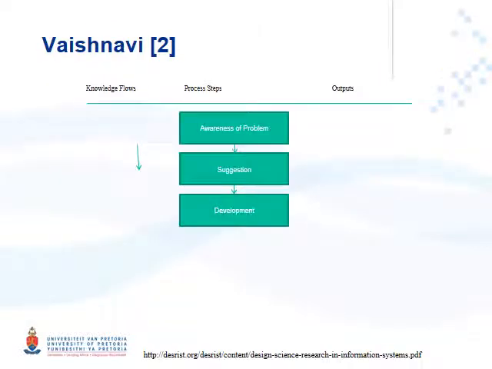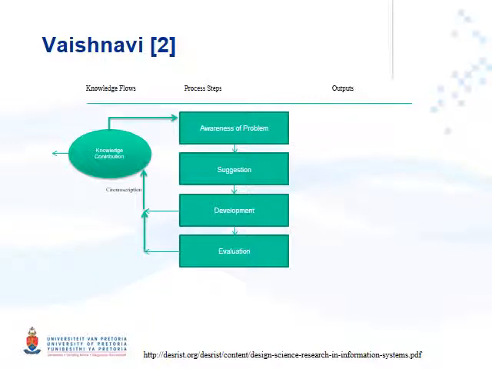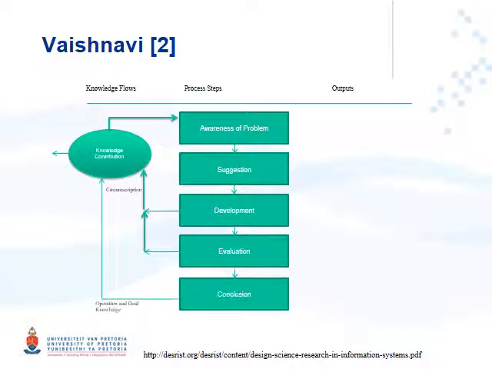Their process starts with awareness of the problem, the suggestion what you are going to do to get the solution for the problem, the development of the artifact, and then you have the option at that stage to have a circumscription where you contribute to the knowledge and go back into the awareness of the problem, suggestion, development, or you can go into evaluation where you then have a circumscription, which is the contribution and a conclusion at the end of the day.